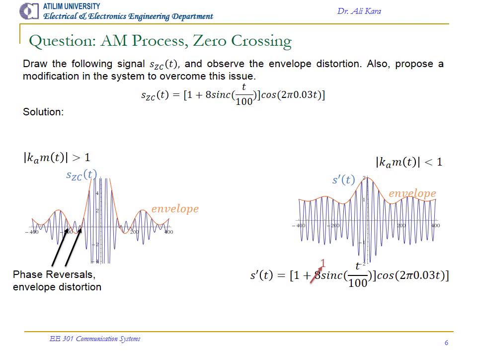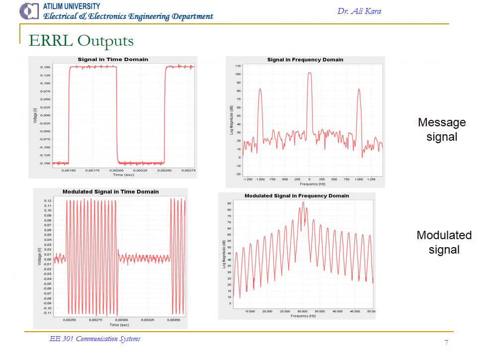The sinc function has the minimum value approximately -0.2 and the maximum value 1. It crosses 0 periodically. When the k_a parameter, namely amplitude sensitivity, is chosen accordingly, 1 plus k_a times m of t crosses 0 for some t, and that is where the envelope distortion occurs.